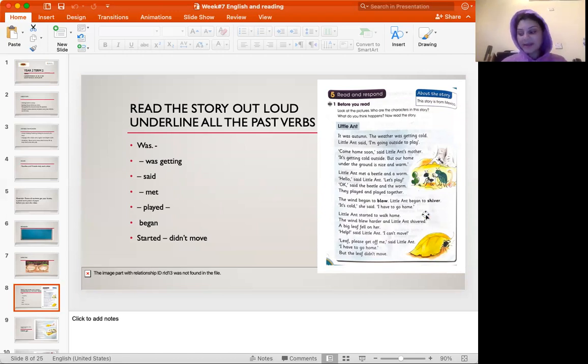Who are the characters? We have an ant, a beetle, a snake. Can you predict what happened? Can you predict what this story will be about?